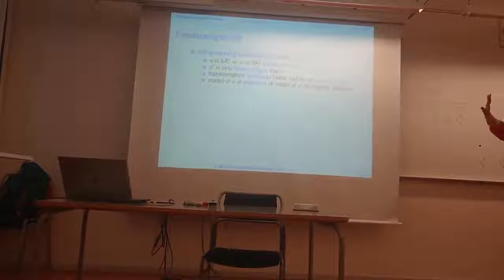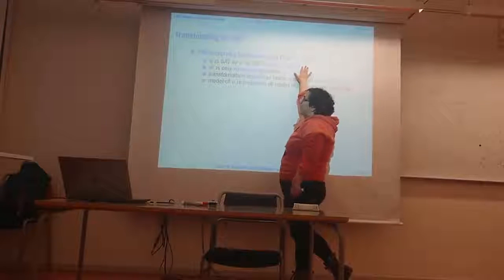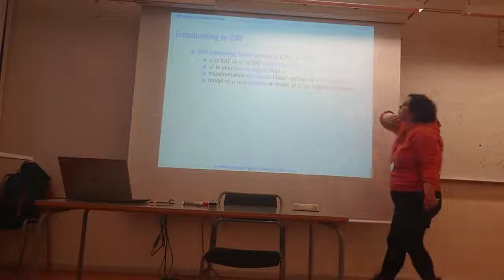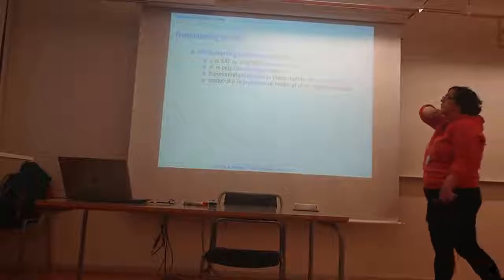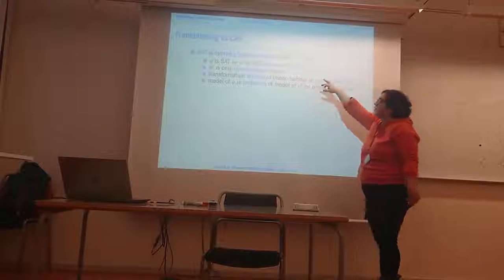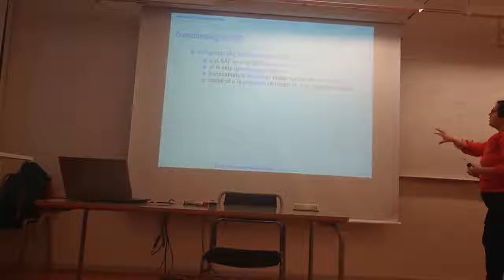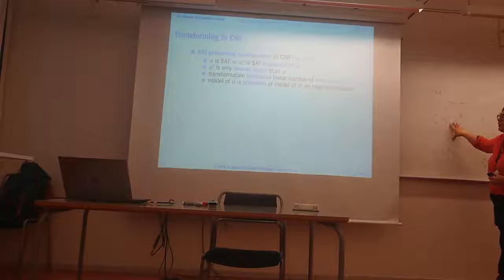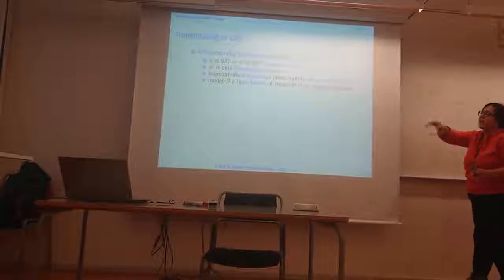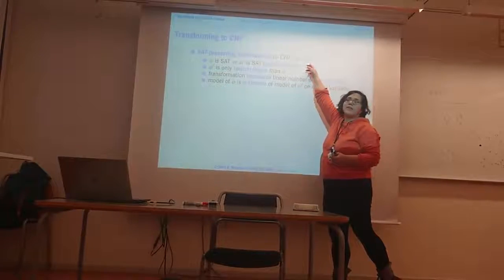The concept which is very important here is satisfiability-preserving transformation. What does this mean? We transform formula phi to phi prime, and phi is SAT, meaning phi is satisfiable, if and only if phi prime is SAT. This means equisatisfiable: if the original formula is satisfiable, and I use a satisfiability-preserving transformation, the result has to be satisfiable.